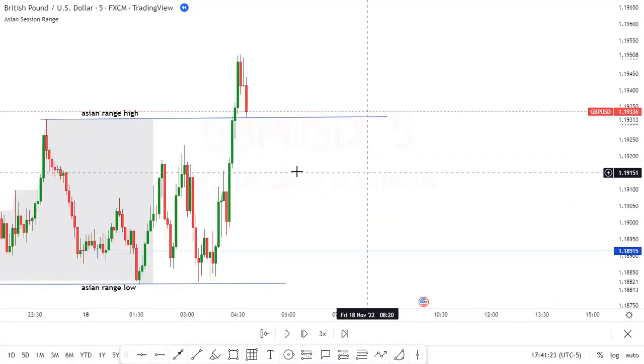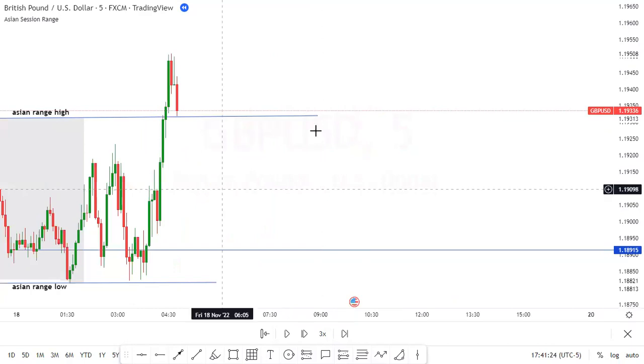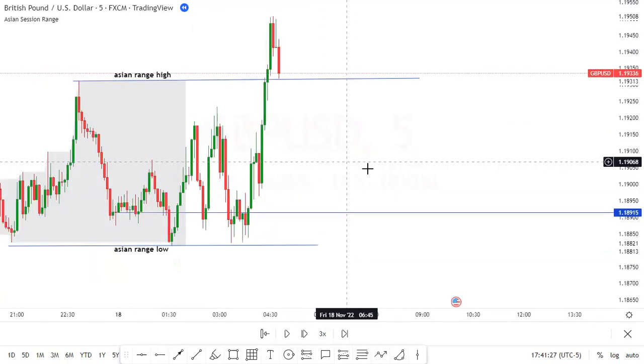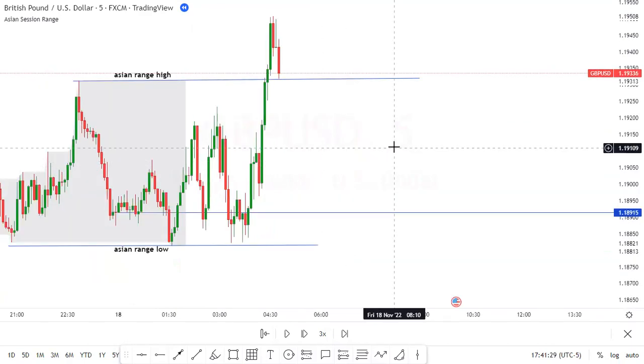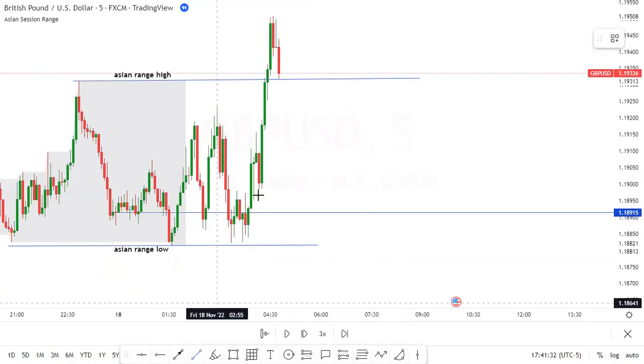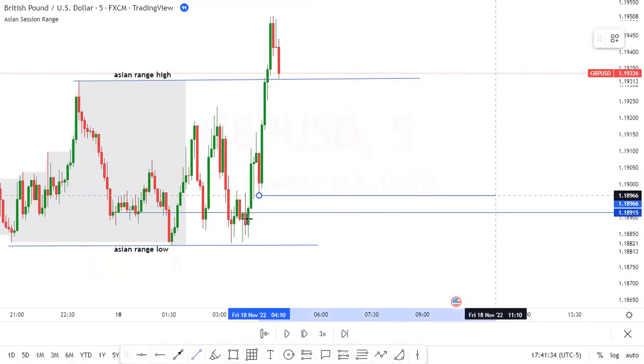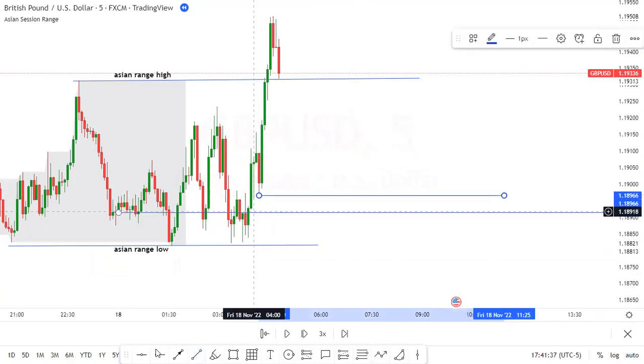Now, what am I going to do? I'm just going to wait for a market structure shift. I expect to see a market structure shift if the market breaks this low here. This will be my market structure shift.